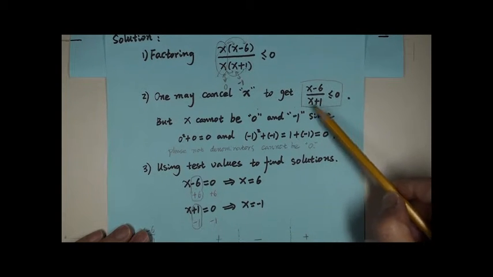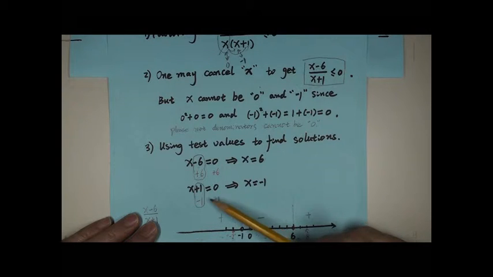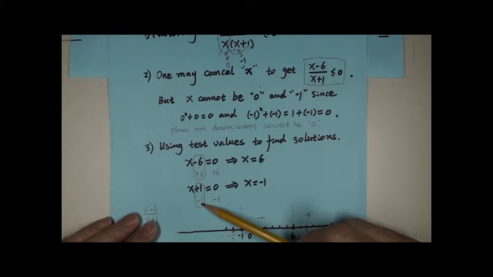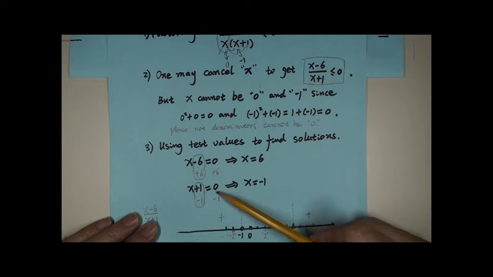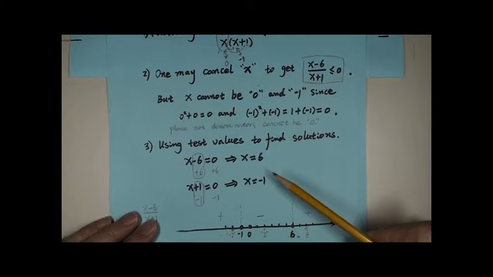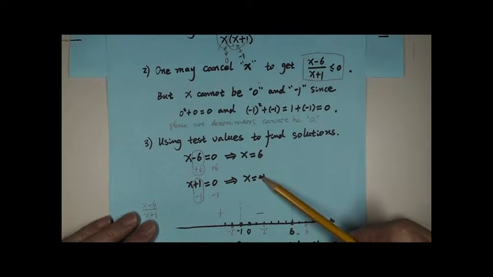For the denominator, x plus 1 equals 0, subtract 1 on both sides, so you have x alone on the left, and 0 plus negative 1 is negative 1. So x equals 6 and x equals negative 1.